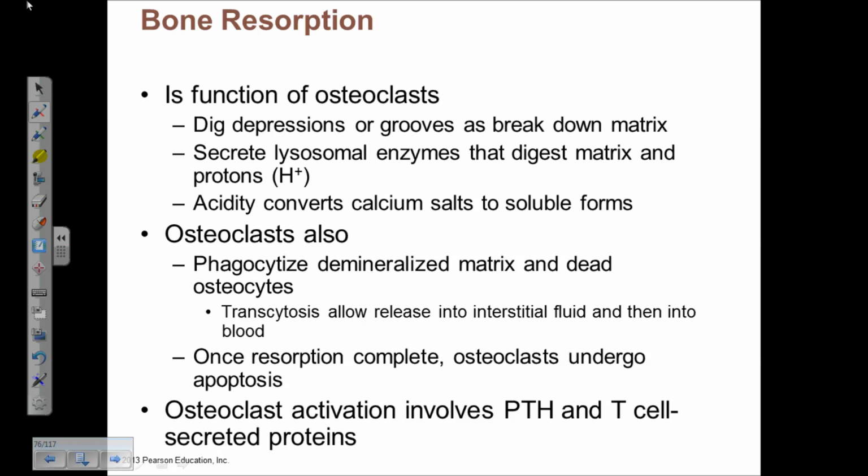Resorption of the bone. What is the resorption? It is the dissolution of the bone by osteoclasts. Osteoclasts will dig bone down, breaking down its matrix, and we already mentioned that the effect on matrix will be mediated by protons, the acid, and lysosomal enzymes.